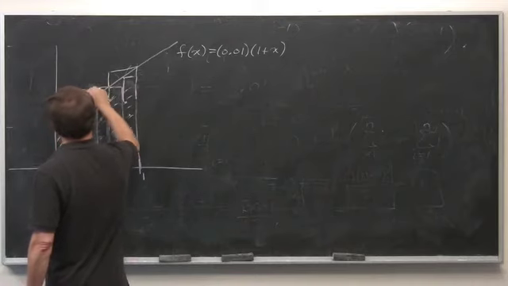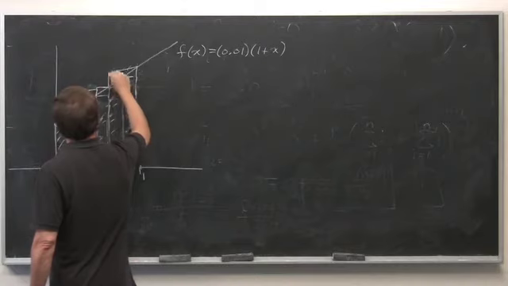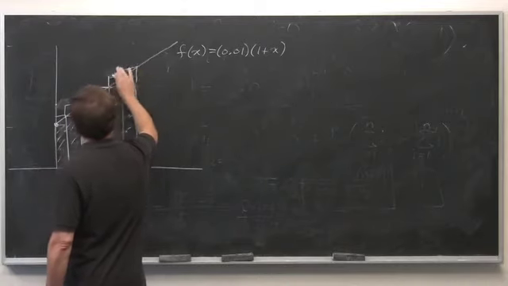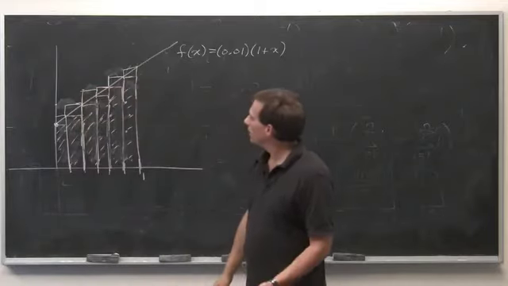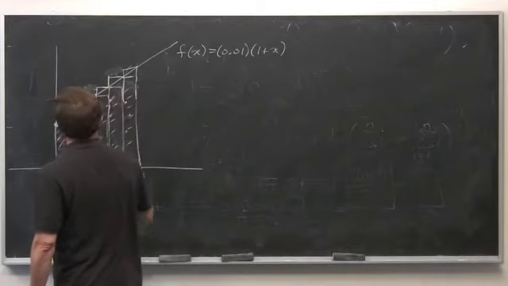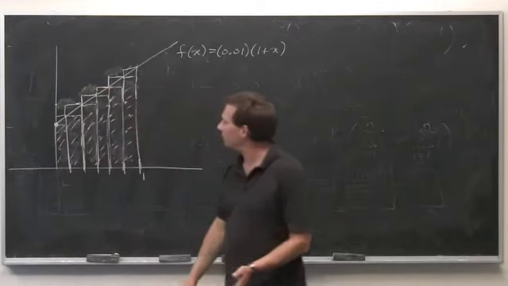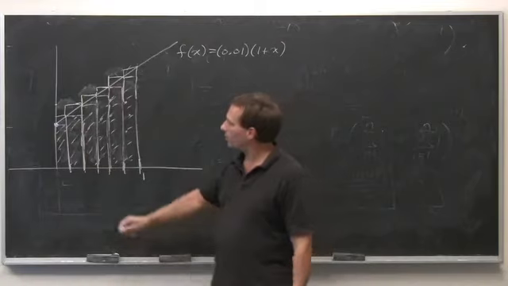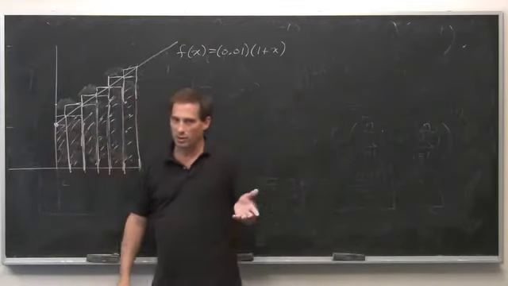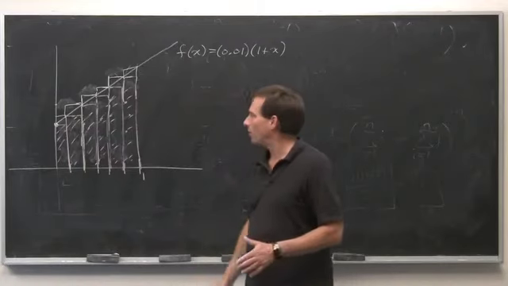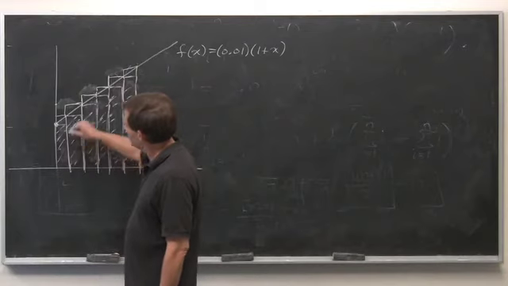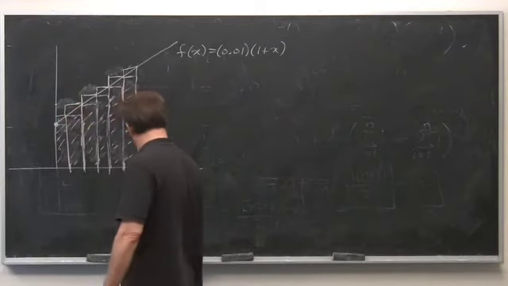But if you use left and right endpoints for the approximation, you get inscribed and circumscribed rectangles, and what's happening now is the difference in areas between the sum of the pink ones and the sum of the green ones is getting smaller and smaller.